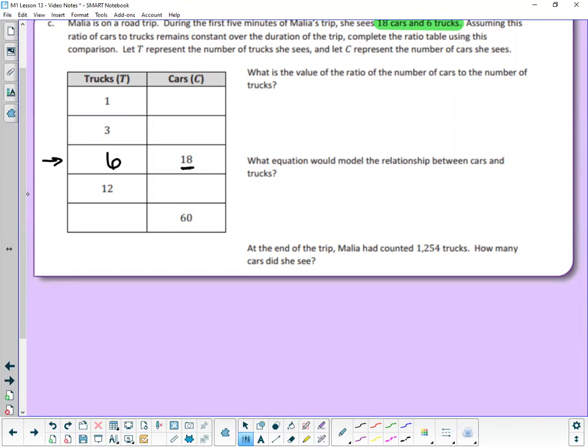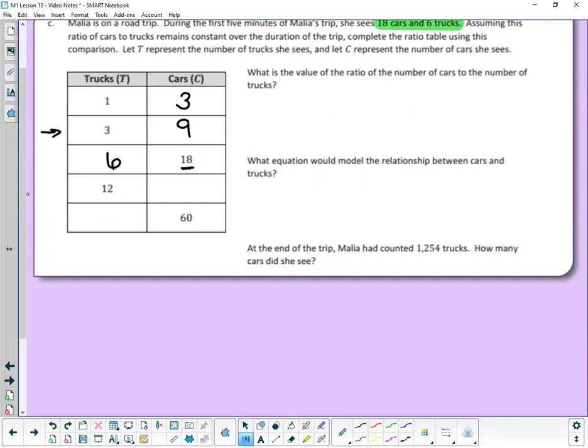Now, if I want to figure out this row, 6 divided by 6 is 1. So 18 divided by 6 is 3. There's the ratio table that starts with the ratio in its simplest form. Then 1 times 3 is 3. 3 times 3 is going to be 9 then.